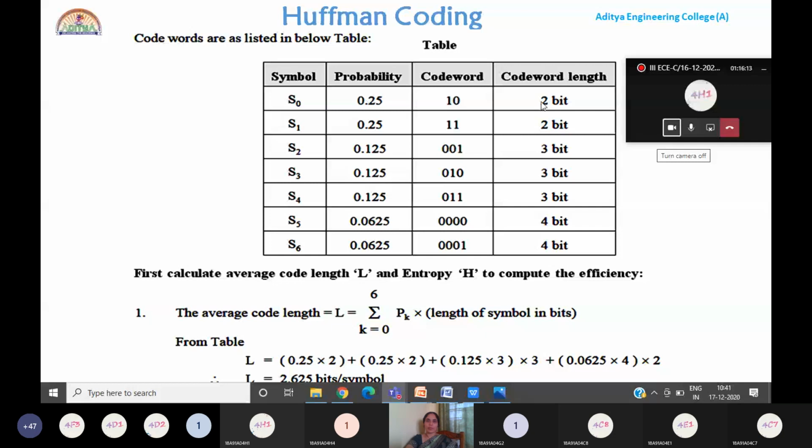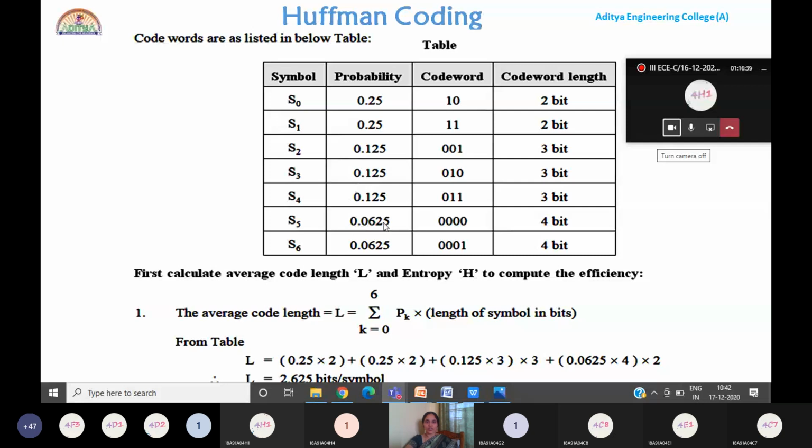So 0.25 into 2 plus 0.25 into 2 plus 0.125 into 3, and it is repeated thrice, so directly represented as into 3. Here 0.25 into 2 is repeated twice, and 0.125 into 3 is repeated thrice, that is for S2, S3 and S4.